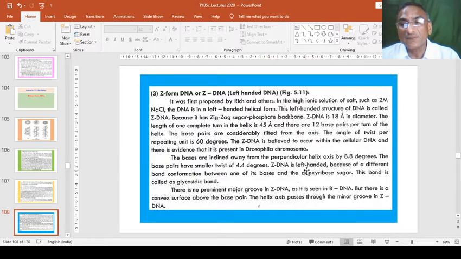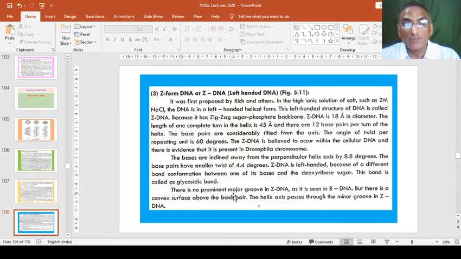ZDNA is left-handed because of a different bond conformation between one of its bases and the deoxyribose sugar. This bond is called the glycosidic bond.